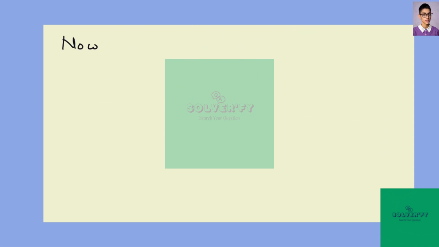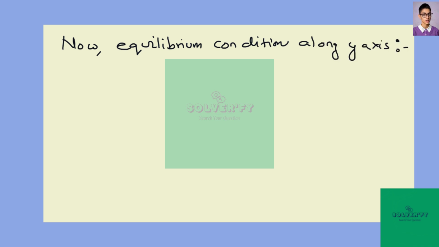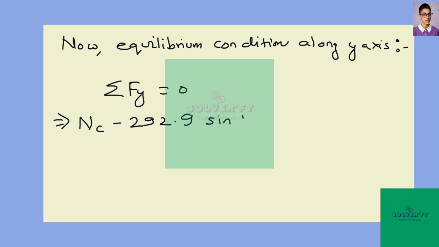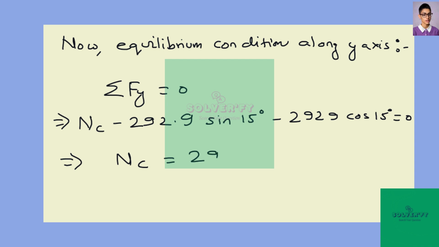Now going further, we consider the equilibrium condition along the y-axis. So we have NC minus 292.9 sin 15 degrees minus 2929 cos 15 degrees is equal to 0. On solving further, we have NC is equal to 2905 lb.